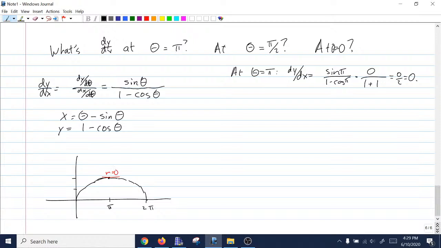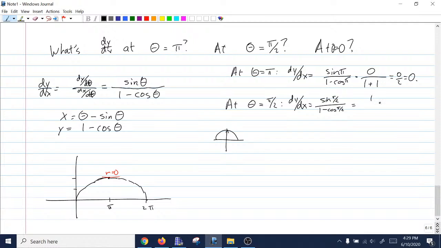Great. What's happening at theta equals pi over 2? dy dx is sine pi over 2 over 1 minus cosine pi over 2. What's sine pi over 2?